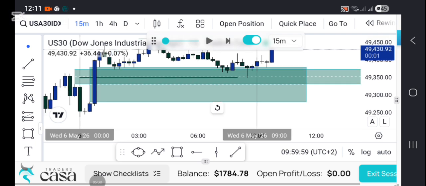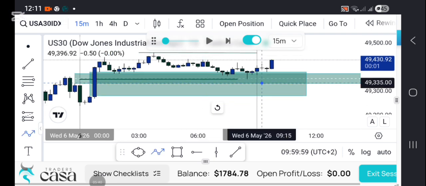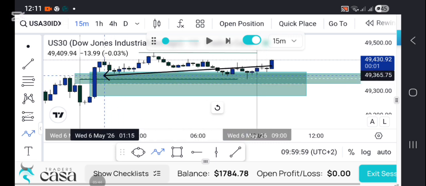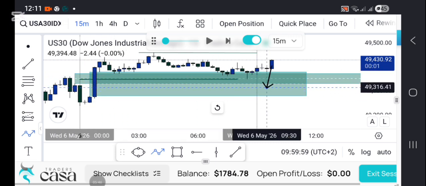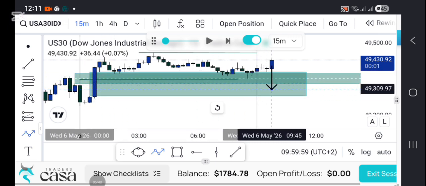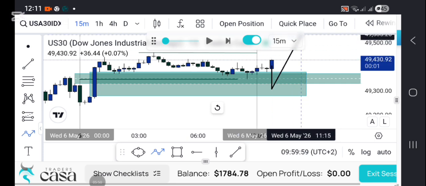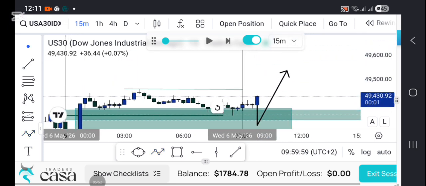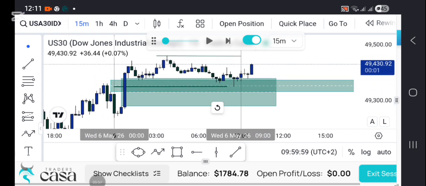I'm going to show you with part 2 what I think price might do. We might come to the 50% of this huge fair value gap, sweep this Asia low, and then bounce off to the Asia high. So we might take that trade.